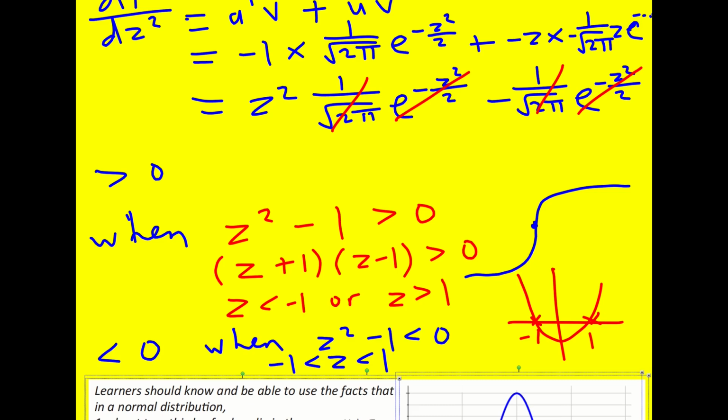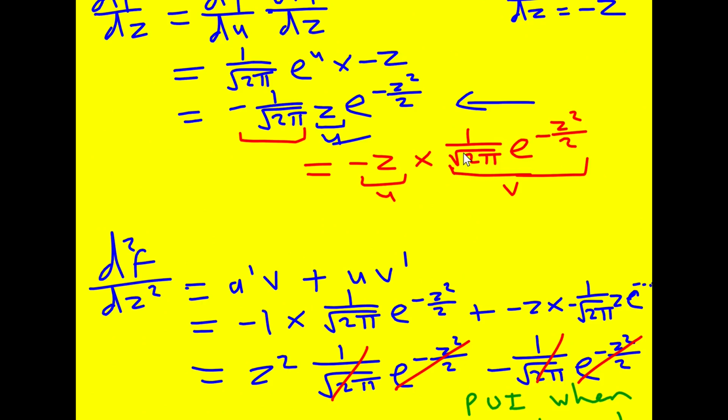But where is it changing sign then? You can see it is at minus 1 that it changes sign, and at 1. So the points of inflection are when z equals minus 1, or 1.